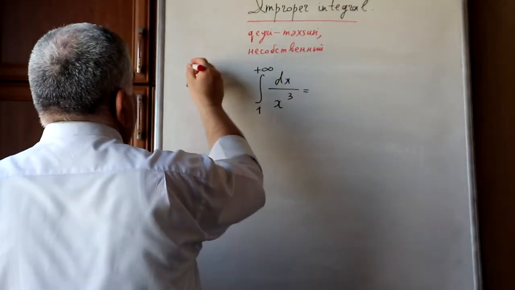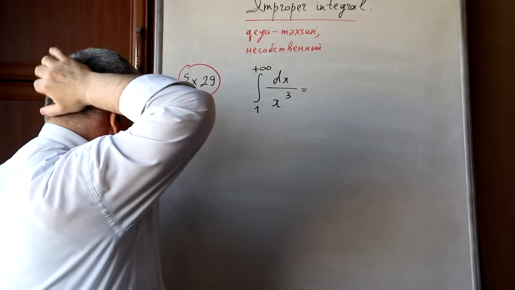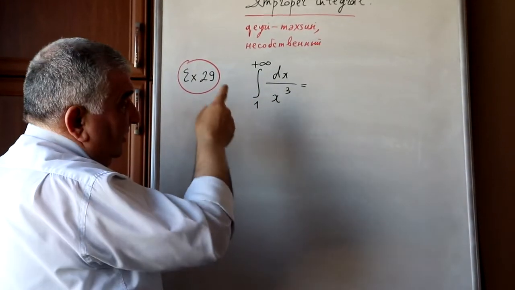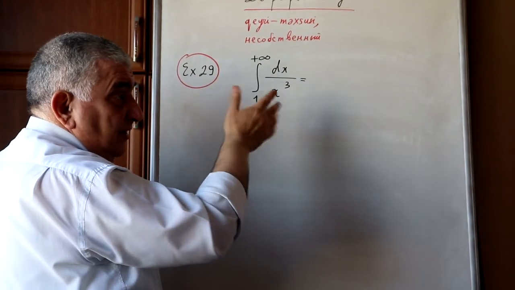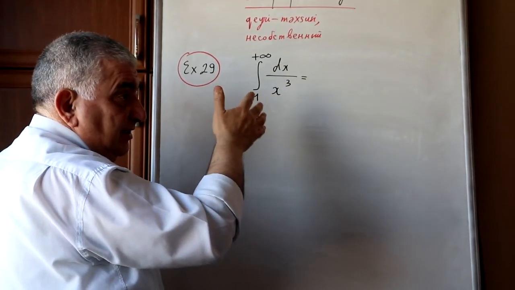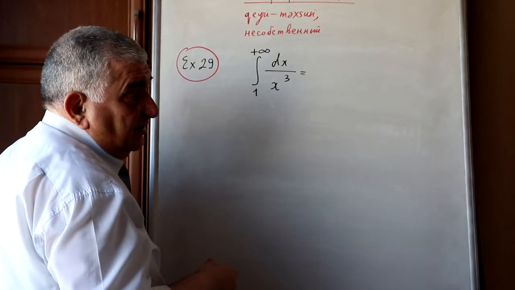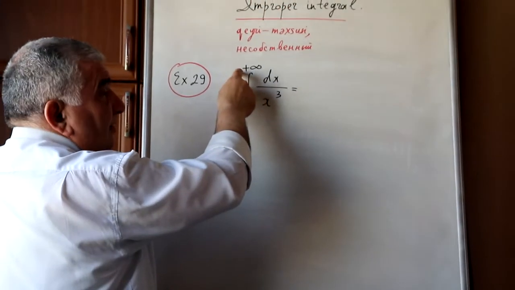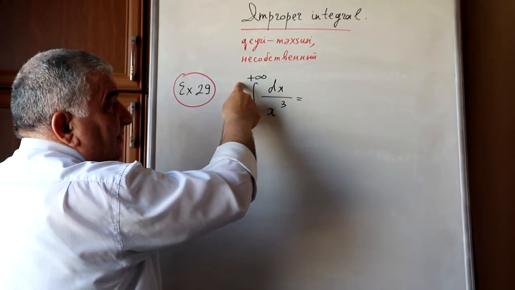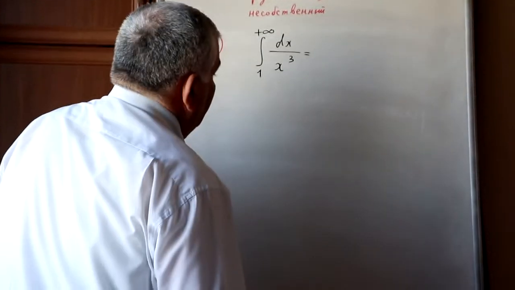This integral is a definite integral, but if at least one of the integral limits of the definite integral is infinity, then such a definite integral is named also an improper integral. Here the upper integral limit is infinity, therefore it is an improper integral.